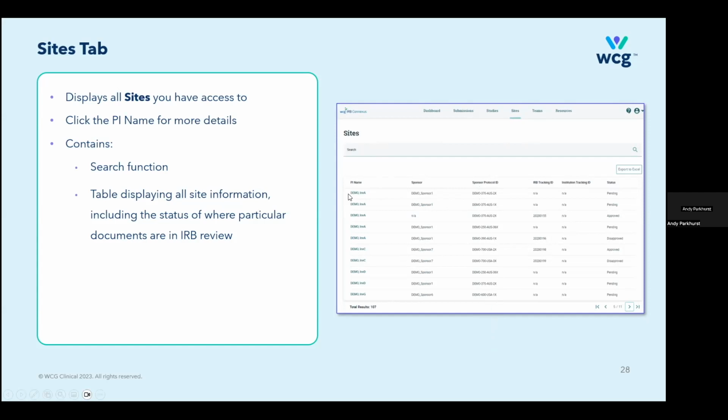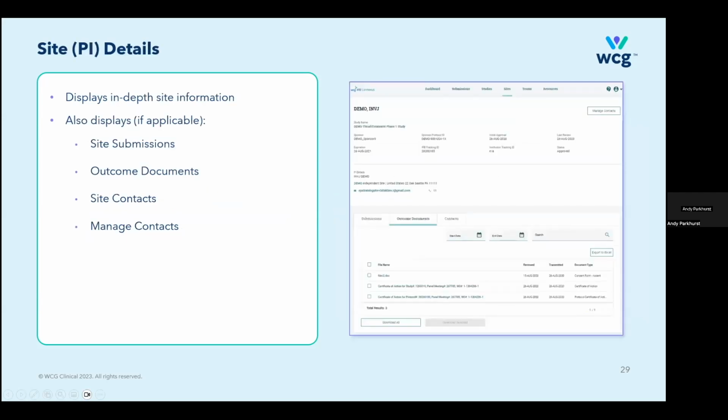Once you click into a PI name, you will be greeted with that site's or PI's details page. This page will show you the study information at the top. Below that are your specific UCLA PI details.